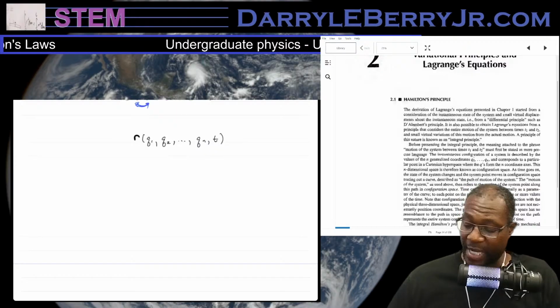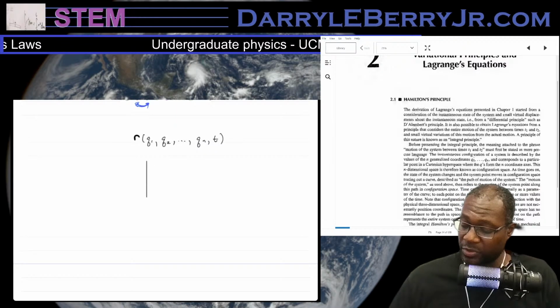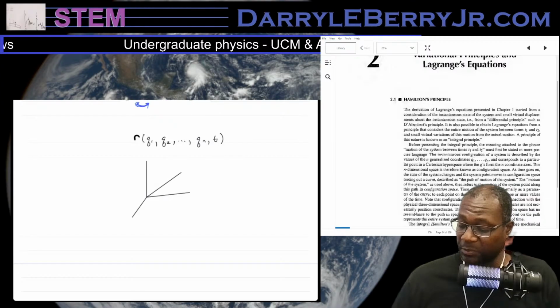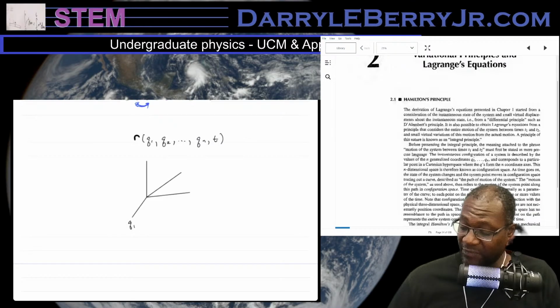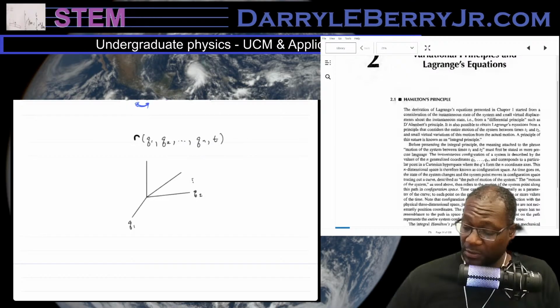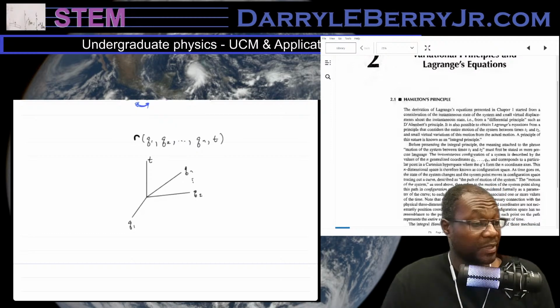And the hyperspace would be, in our three-dimensional system, we have three axes that are all at right angles to each other. It seems like they're saying, imagine if we have multiple axes that are still all at right angles to each other. And now we have q1, q2, qn, and t. That's what it seems like they're saying.